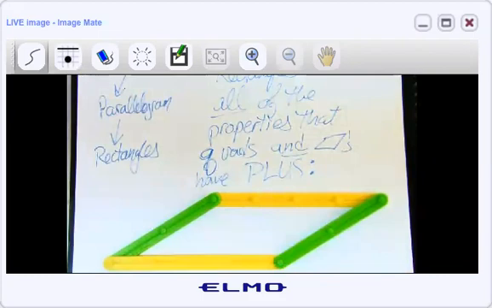That will always be true if you have a parallelogram. What's not true in every single parallelogram is the length of those diagonals. See here, I have one super long diagonal, and then I have one little short diagonal, right? So the lengths of the diagonals in a parallelogram are not always going to be the same as each other, as seen here. We've got a really long one and then a pretty short one.